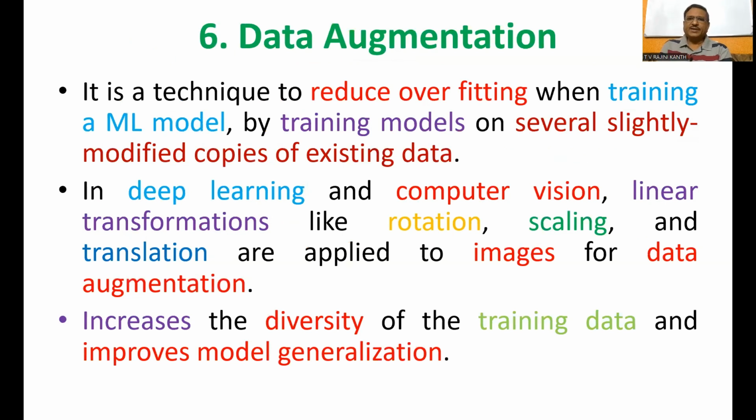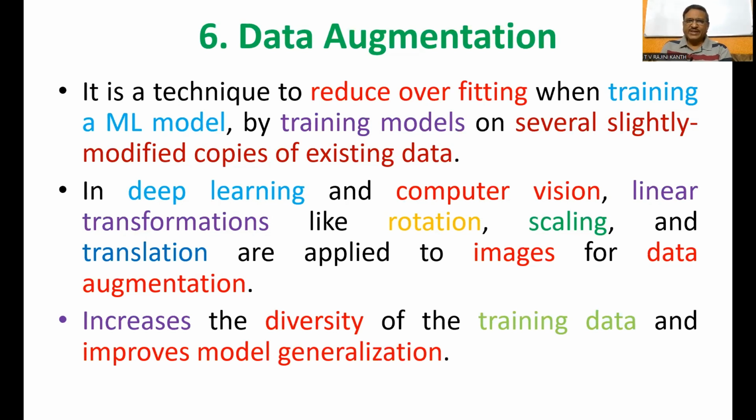Data augmentation is a technique to reduce overfitting when training the ML model, by training models on several slightly modified copies of the existing data. Particularly, we use it in deep learning and computer vision. Linear transformations like rotation, scaling, and translation are applied to images for data augmentation.